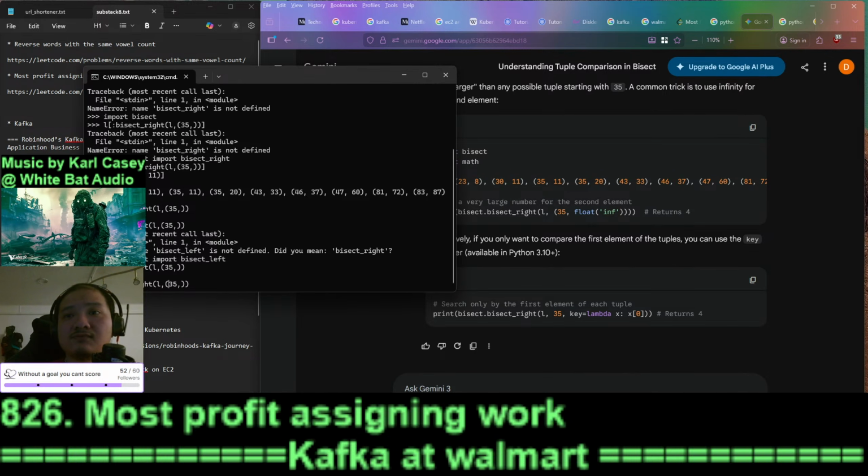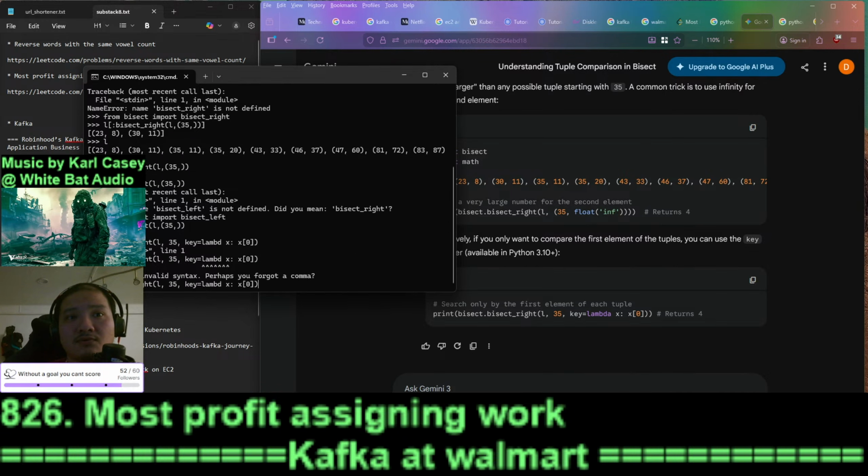Now key equal lambda x0. Okay, fine, I'll do that. Lambda.